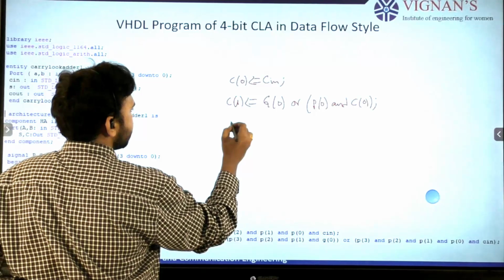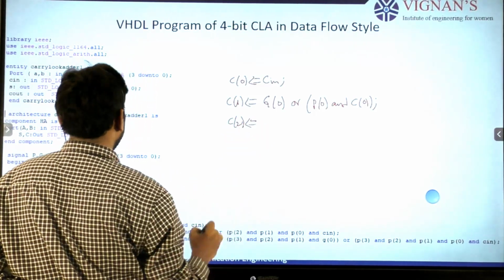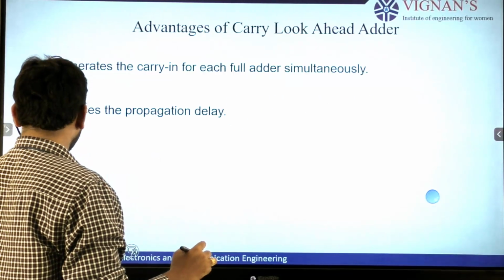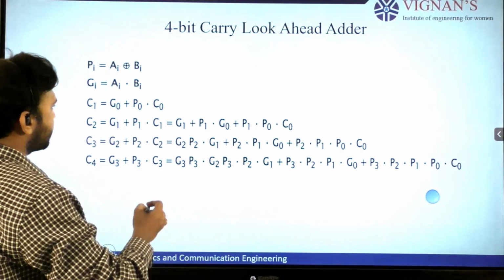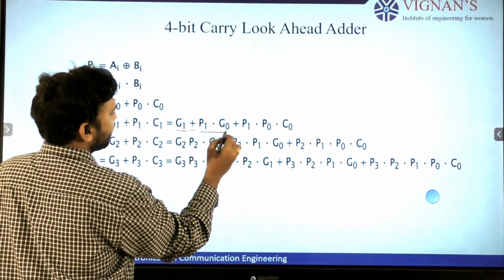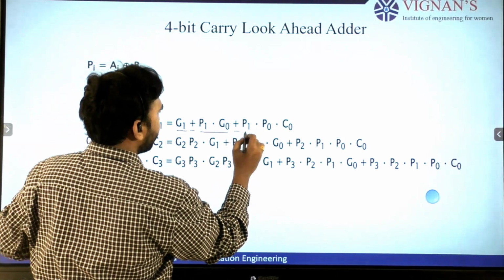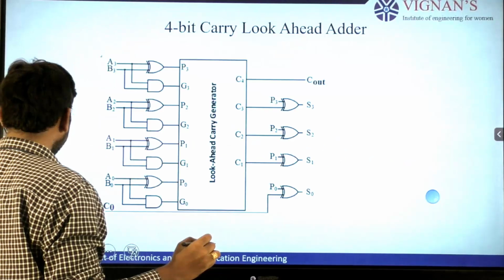Similarly, C2. C2 is G1 or P1 and G0, or P1 and P0 and C0. The same thing.